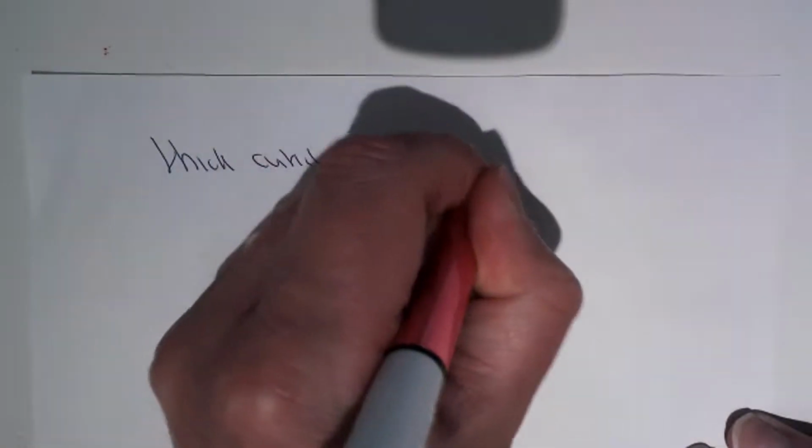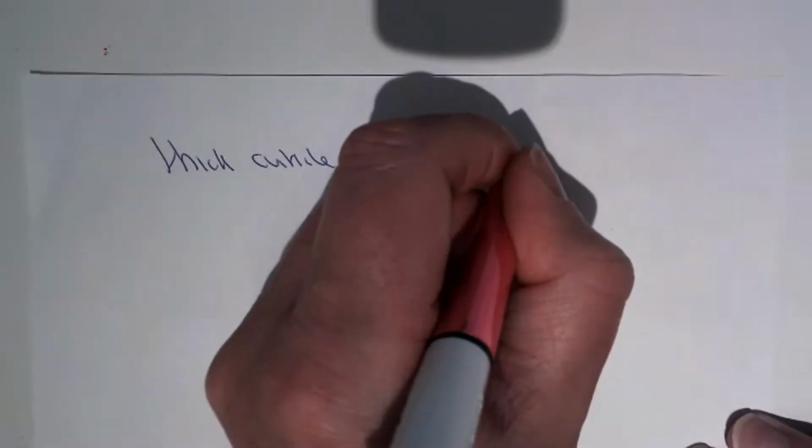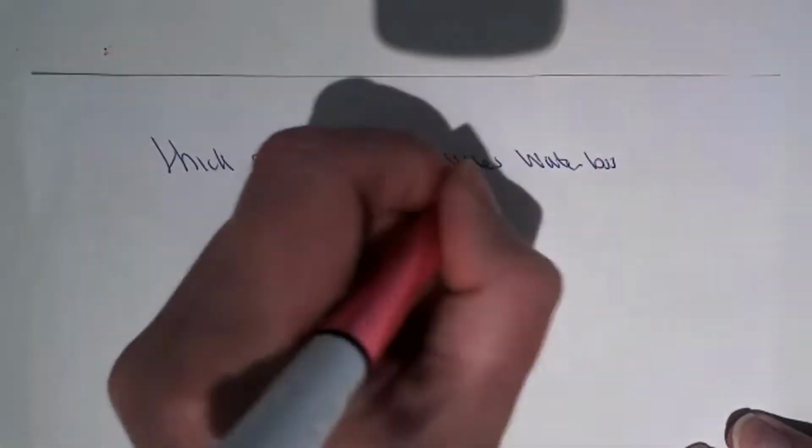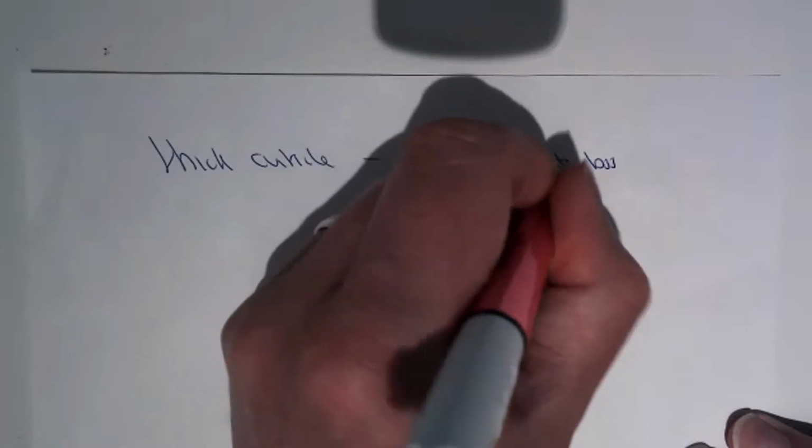So the first thing you can say about xerophytic plants is that they have a thick cuticle, and that reduces water loss via the epidermis.